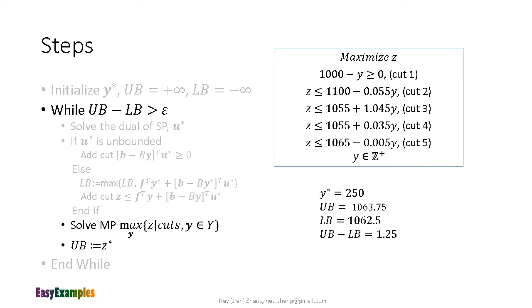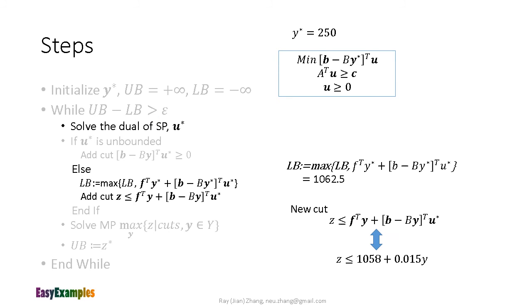We solve the optimal solution of y and update the upper bound according to the objective value. Then we calculate the gap between the upper bound and the lower bound. We repeat this process until the gap between the upper bound and lower bound is lower than the gap limit, which is 0.1 in our example.